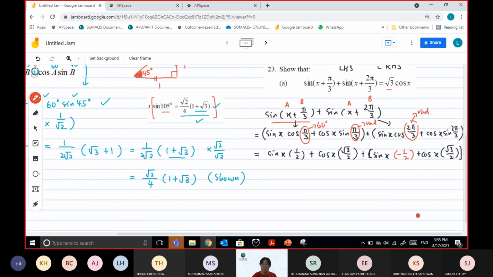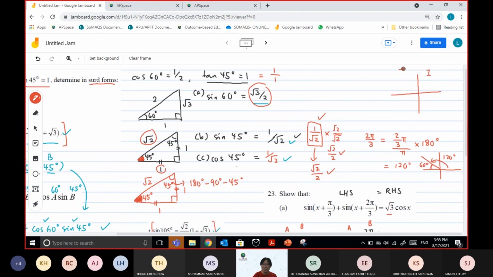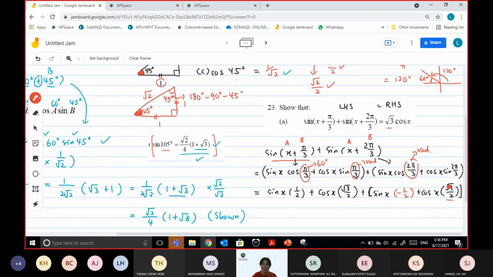So that means your value here is square root of 3 over 2. But whether it's a positive or negative sign, remember for second quadrant, remember All Science Teachers Are Crazy. Second quadrant, sine is positive. So the square root of 3 over 2 is positive. That's how we get it.